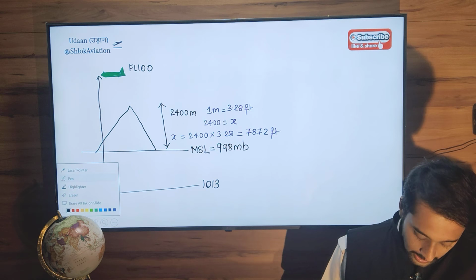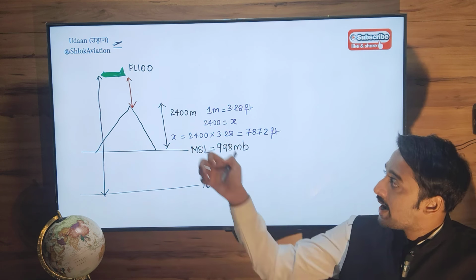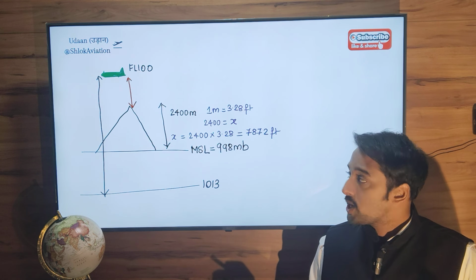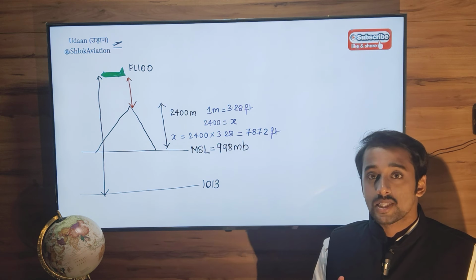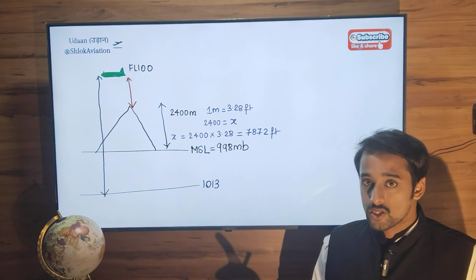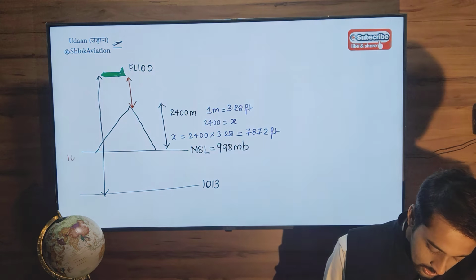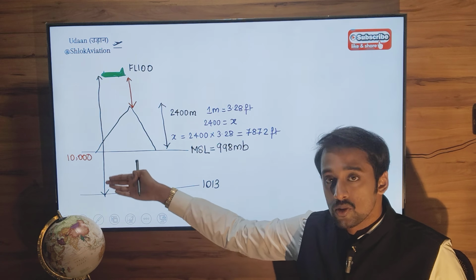Now you are told to find the terrain clearance, the height difference between your aircraft and the mountain peak. To find that, you will have to subtract some values from the biggest value. Now this much you know is 10,000. This entire thing is 10,000.